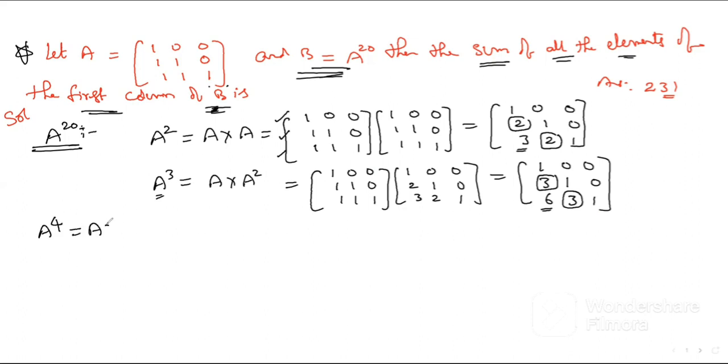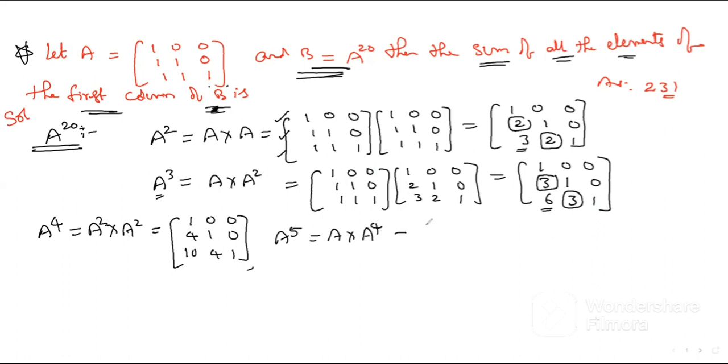A to the power 4 can be written as A square into A square. A square into A square, we get 100, 410, 1041. A to the power 5 can be written as A into A to the power 4.